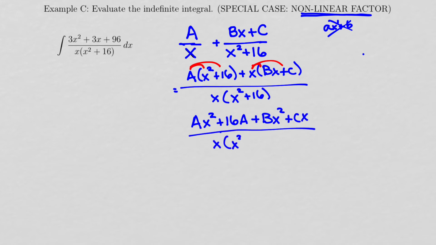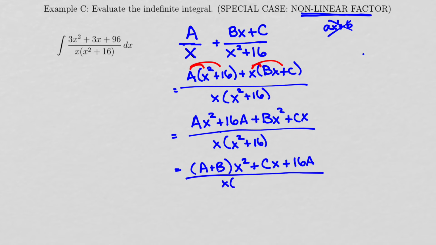And I'm going to do one more setup here. So that's going to give me a plus b x squared, cx, 16a. Well, I got it. You got something different?